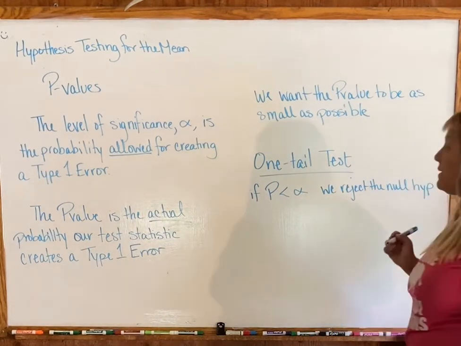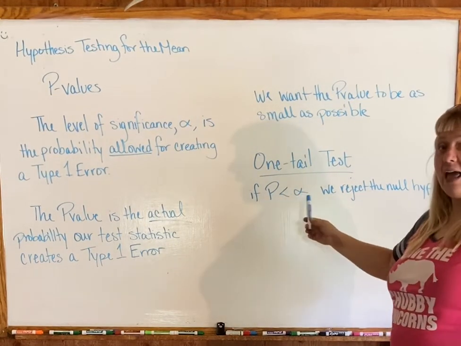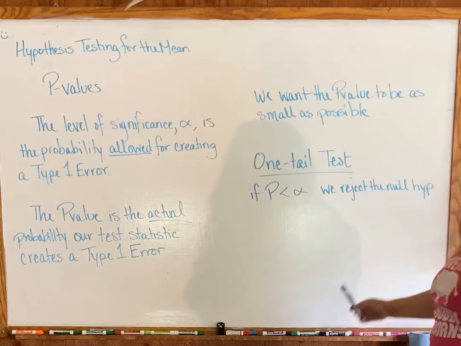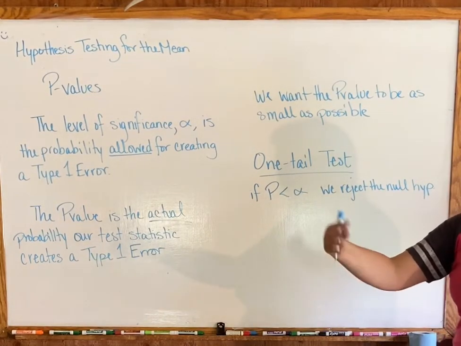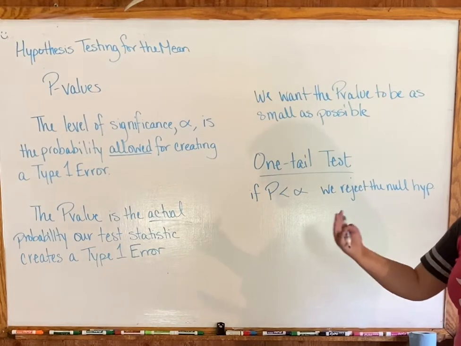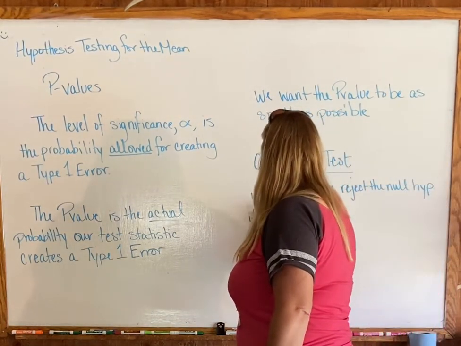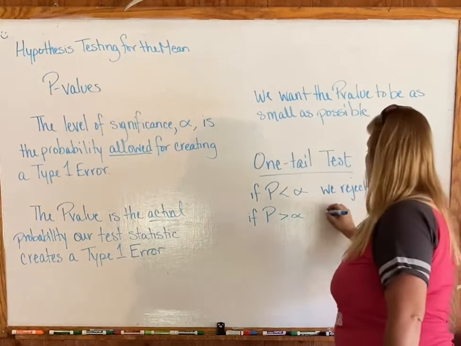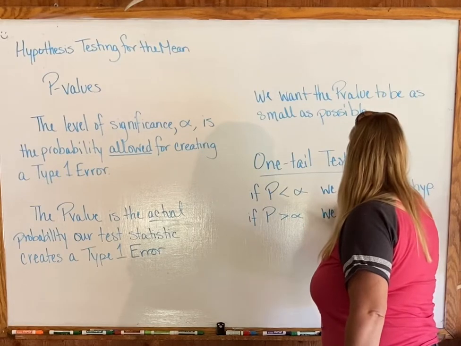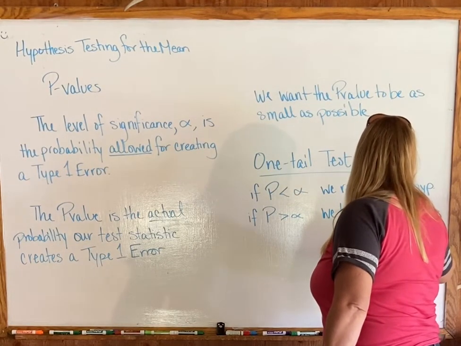We want p to be as small as possible. If we can get p less than alpha, that's as small as we need it to get, and we can reject the null hypothesis and then say that our alternate hypothesis has been proven. Now, if p is greater than alpha, we have to keep the null hypothesis.